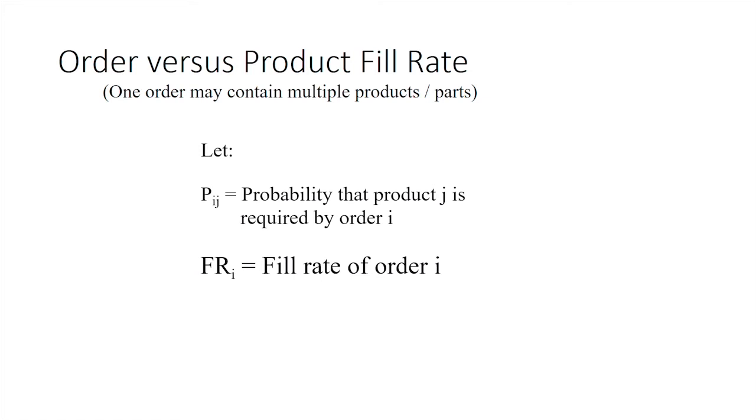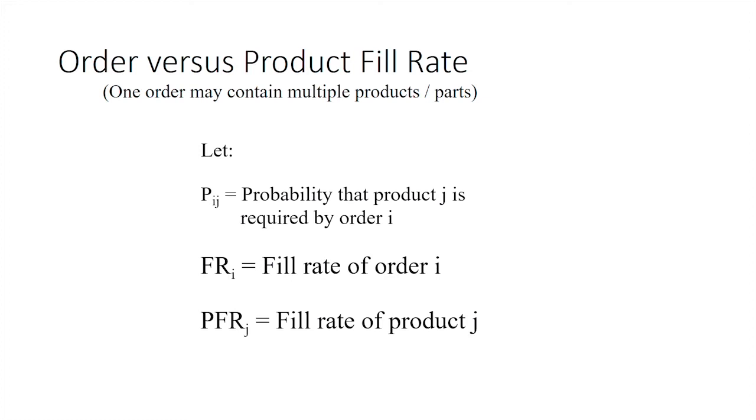The second one, FRi, means the fill rate of order i. So FR3 means the fill rate of order 3, and to fill this order, you need all the components to be available. And this FRi is going to be dependent on PFRj, which means the product fill rate.